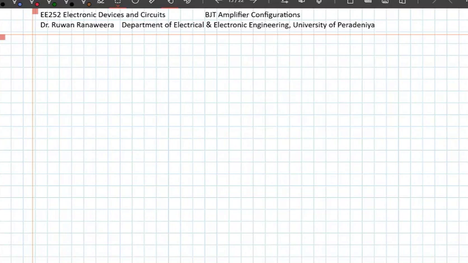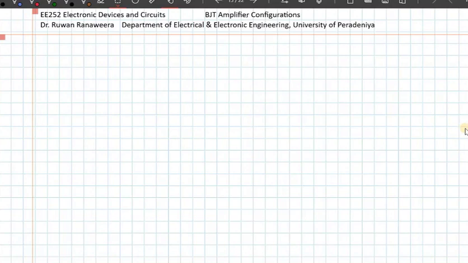Now, one thing you need to remember though is sometimes you might think, why not give the input from the collector and take the output from base while keeping the emitter common? So aren't there six different configurations? Actually, the thing to remember here is that this is an amplifier. The purpose of an amplifier is to amplify the signal, not attenuate.